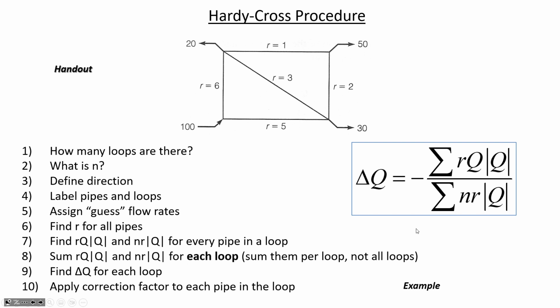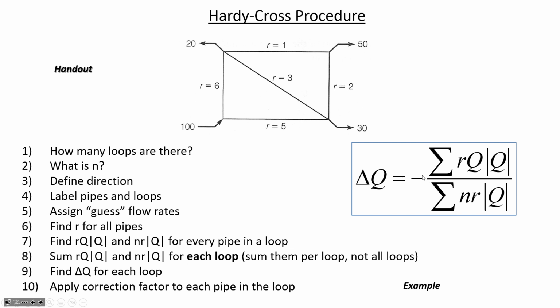And then you calculate N times R times absolute value of Q. Now, why are we doing absolute value? Because some of the flow rates are going to be positive, some are going to be negative, and if we want to retain that sign, then Q times absolute value of Q will retain whether the flow is against the clockwise or with the clockwise.